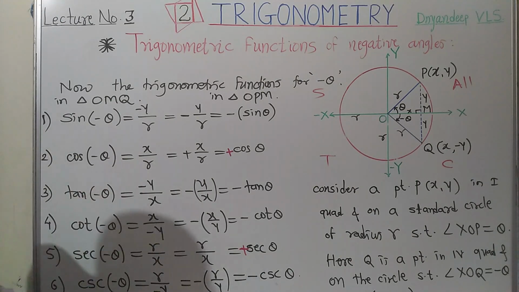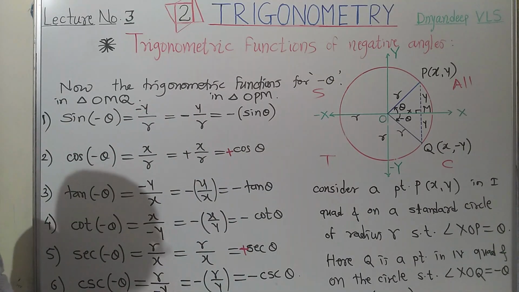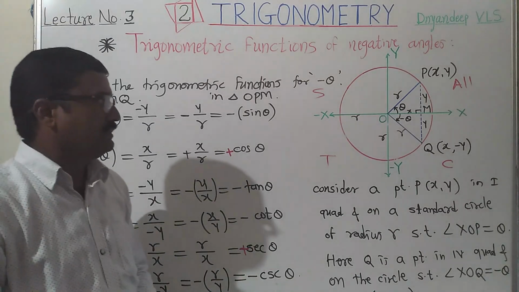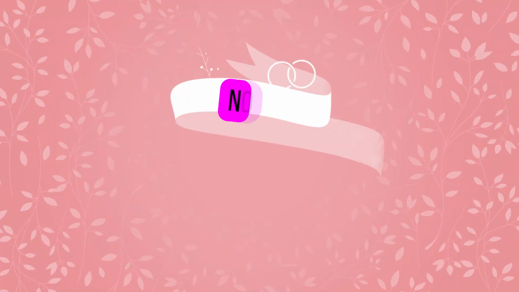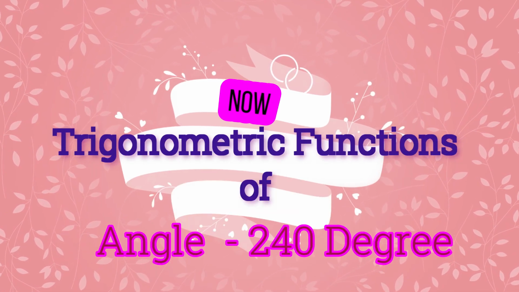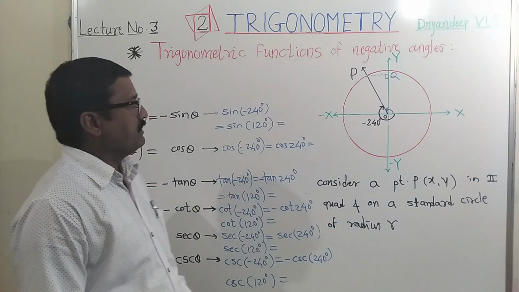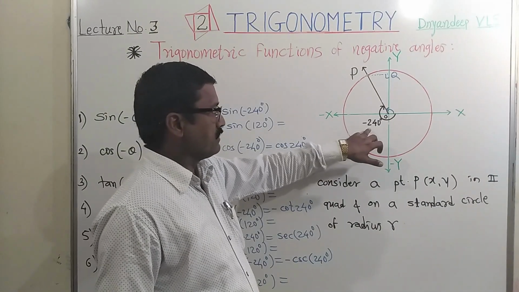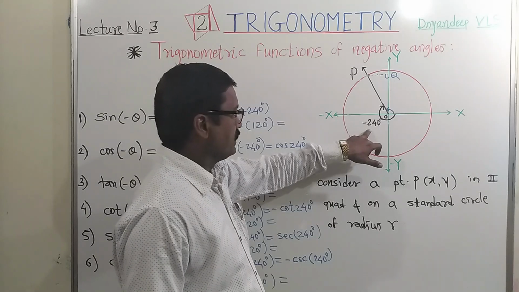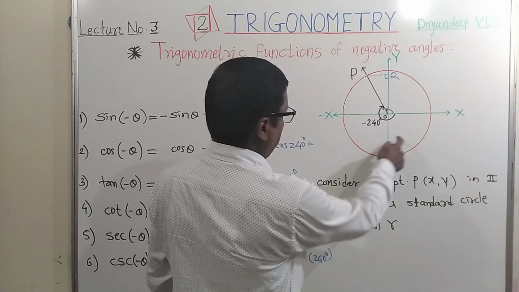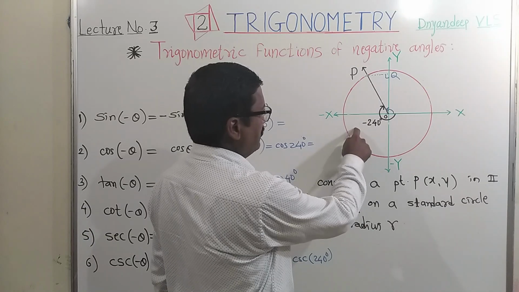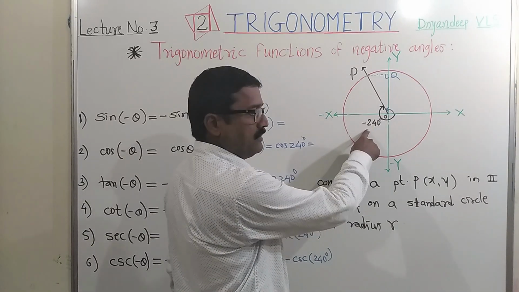Let us see a similar example here, so that the concept of trigonometric functions of negative angles will be clear. We are taking an angle of measure 240, and we will find the measures of trigonometric functions for negative 240 degree. In this example, we have taken one negative angle as minus 240 degree. 240 is nothing but 90 plus 90, 180, plus 60, that is equal to 240.